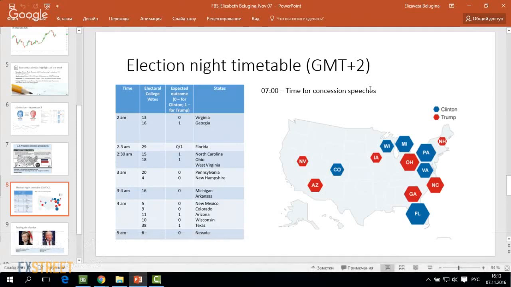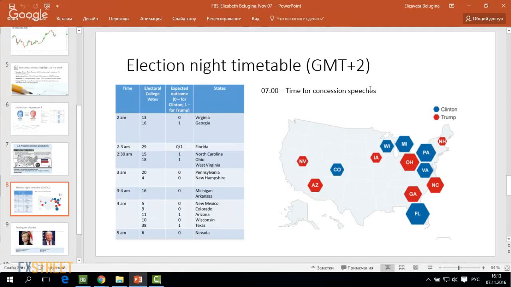As we are speaking about Donald Trump, he has to win in Florida and Ohio in order to have a good chance to win the election, to have an acceptable chance to win the election.